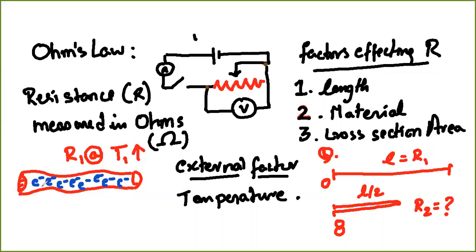Okay, and you will find when you buy wires for use in household wiring, they will come with a disclaimer about the optimal temperature at which it should be functioning.